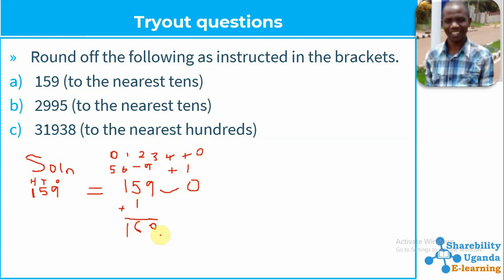So this simply means that after we have rounded it off, we can now say that therefore 159 is approximately 160. So in reference to this, we shall have rounded off our number here.